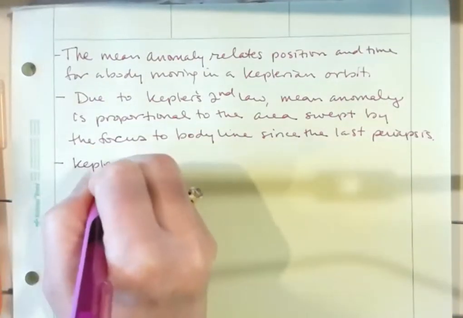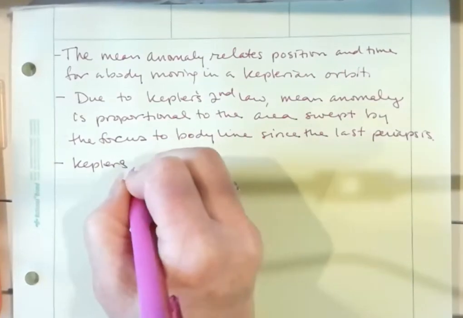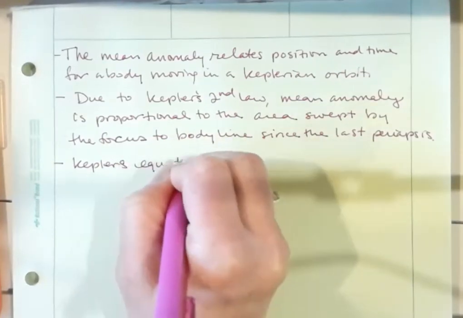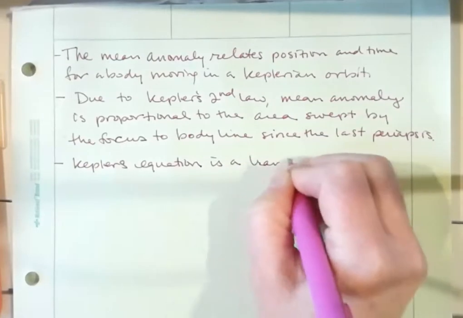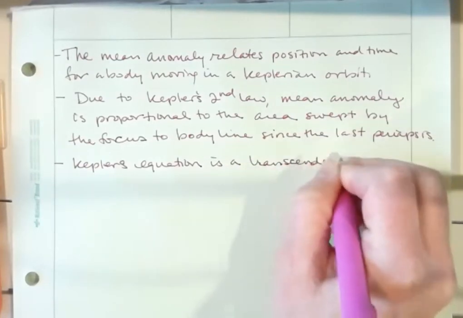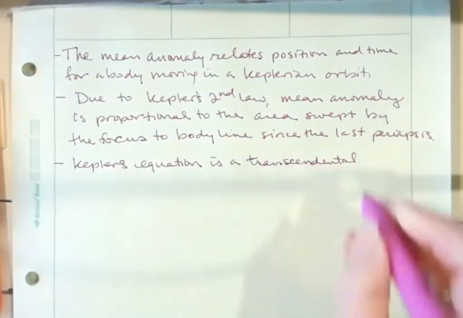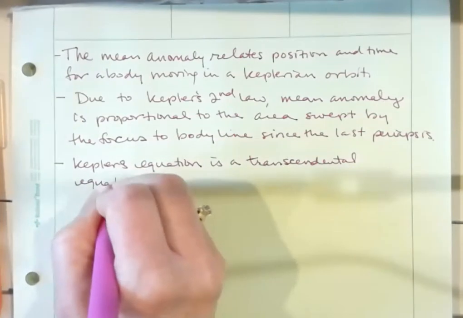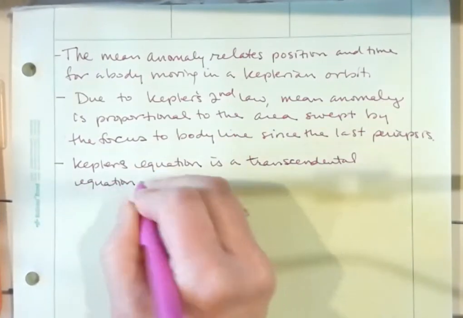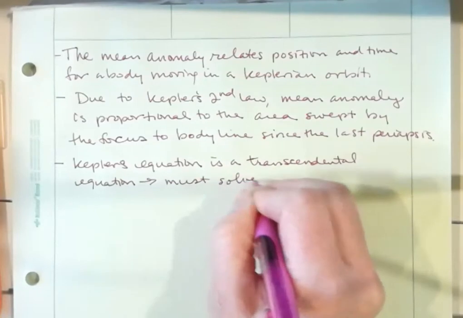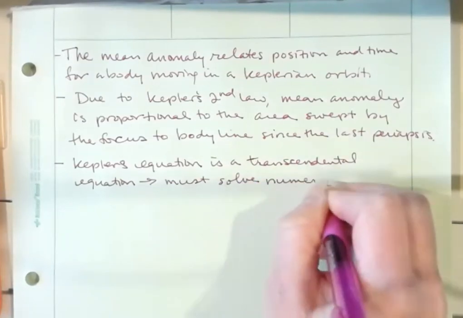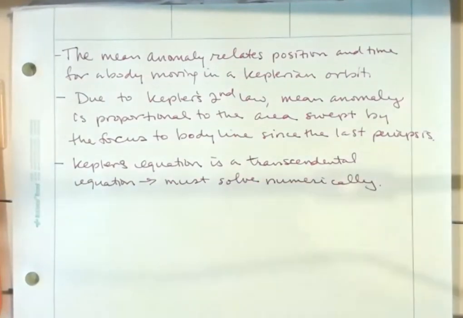Now an important thing to note: Kepler's equation is a transcendental equation. If you remember, that means you're going to have to solve it numerically. There's no way you could solve it by hand on paper, so you're going to have to use some numerical method.